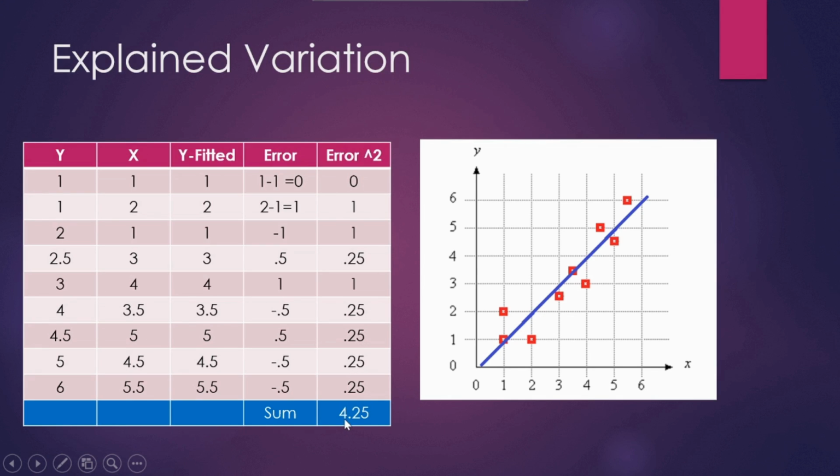And you can see that 4.25 is the total squared error after fitting the line. With the x value taken into consideration, you got a very high reduction in the total error. So you were able to explain the variation which was there earlier without the x variable.